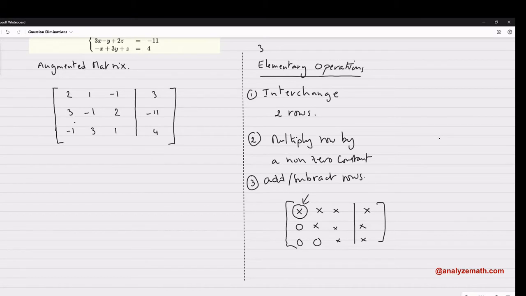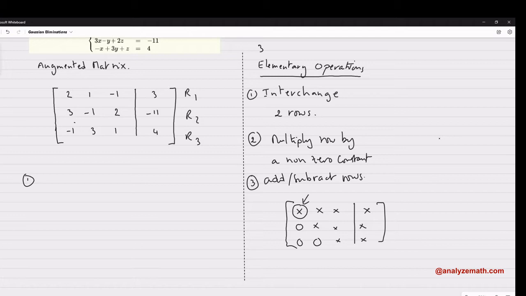Now let's call this row number 1, this row number 2, and this row number 3. And then the first operation we're going to do is to interchange row 1 and row 3.